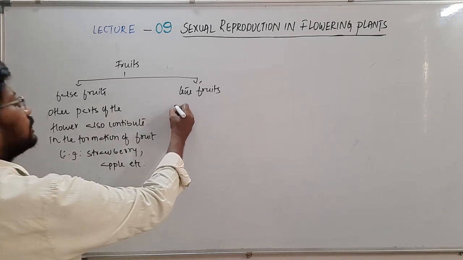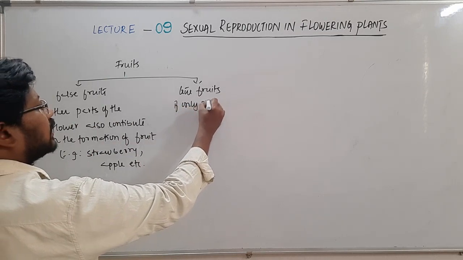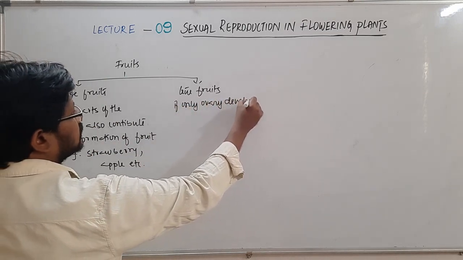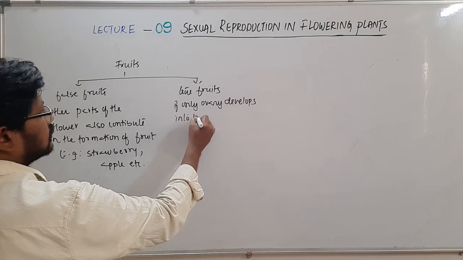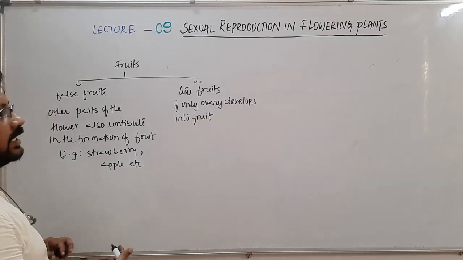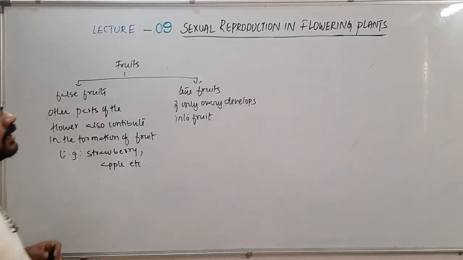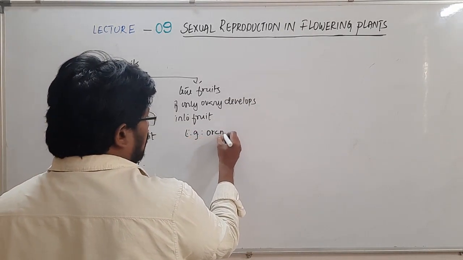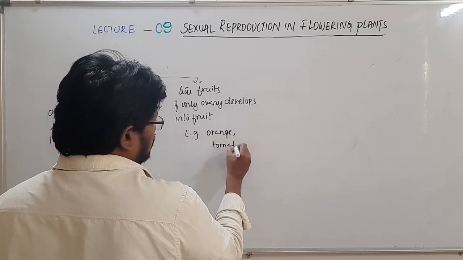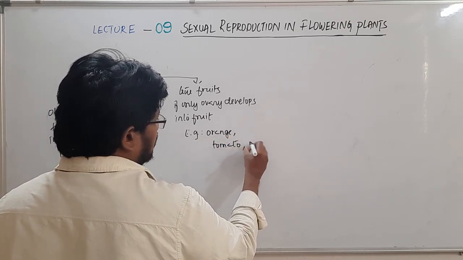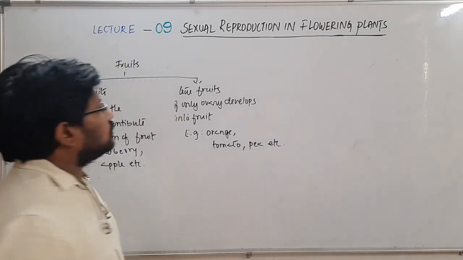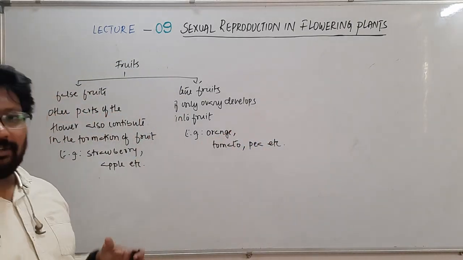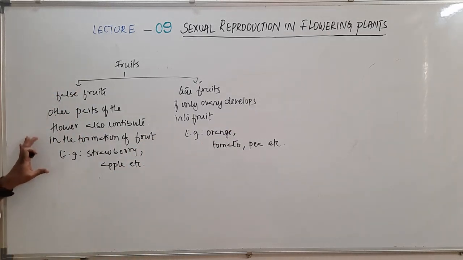And if only the ovary develops into fruit, then the condition is called the true fruits, like we see in the case of orange, tomato, pea, etc.